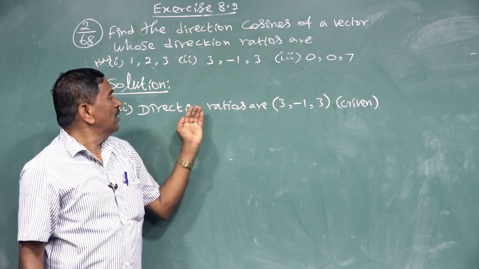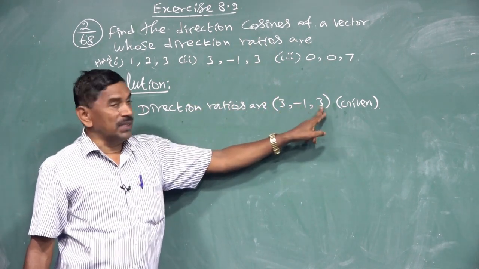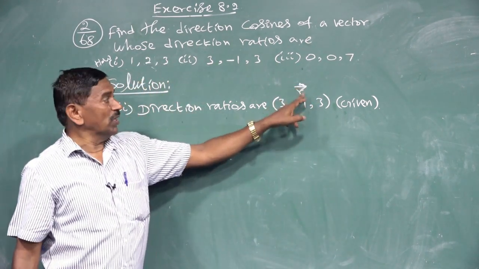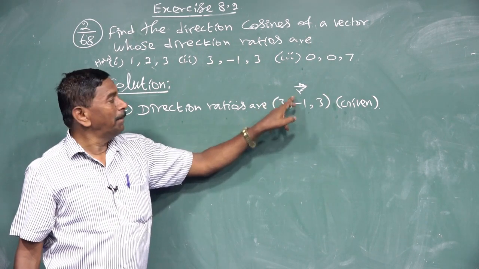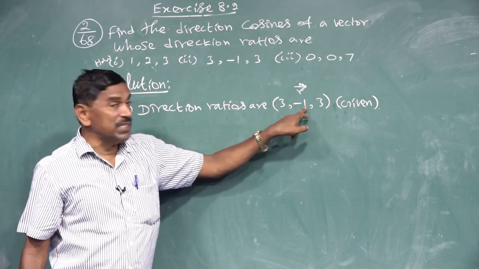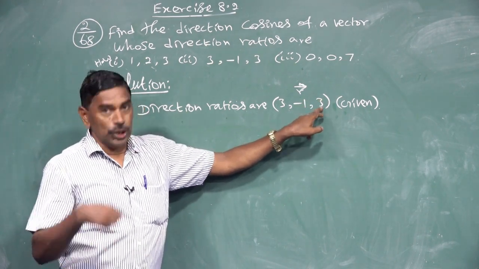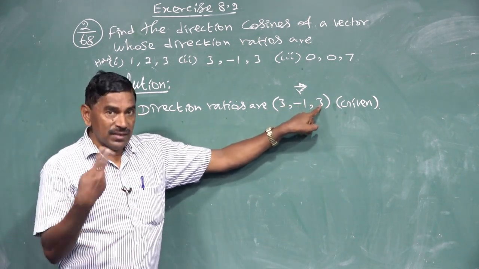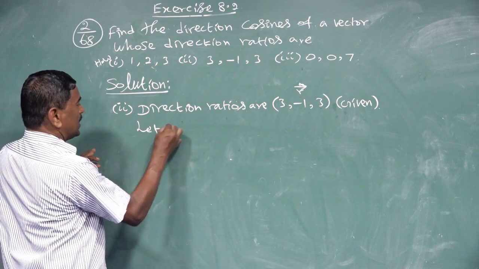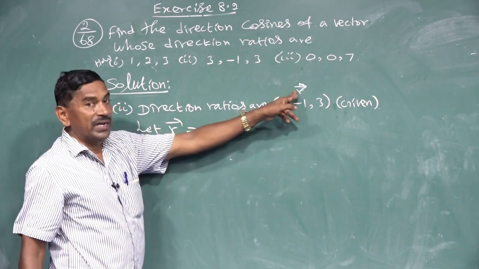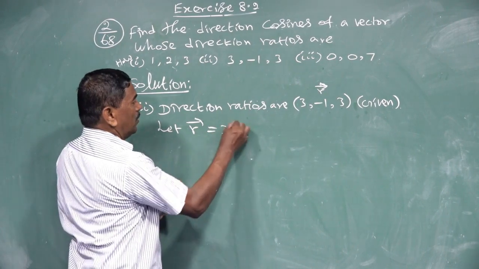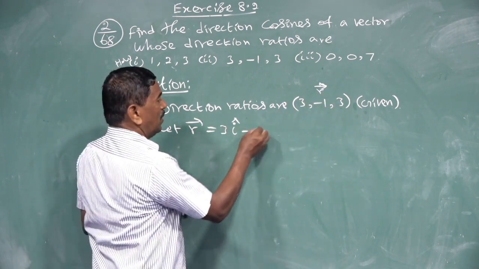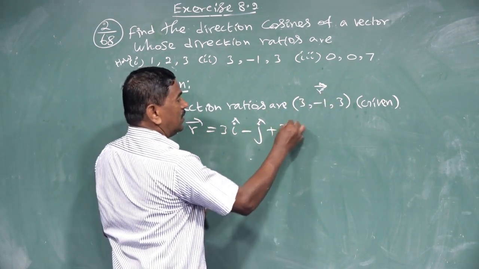Which means, let R vector be equal to 3 into i cap minus 1 into j cap, that is minus j cap, plus 3 into k cap. So R vector equal to 3 i cap minus j cap plus 3 k cap.